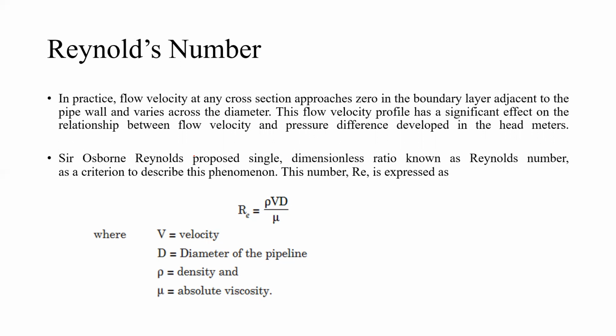Thus, Sir Osborne Reynolds proposed a single dimensionless ratio known as the Reynolds number as a criterion to describe this phenomenon. This number, Re, is expressed as density times velocity times diameter ng pipeline over the absolute viscosity. So here is the representation, and then ito yung ating usual formula.